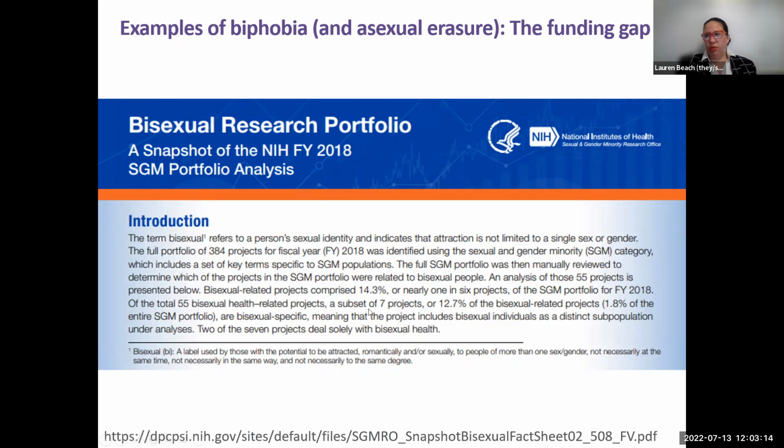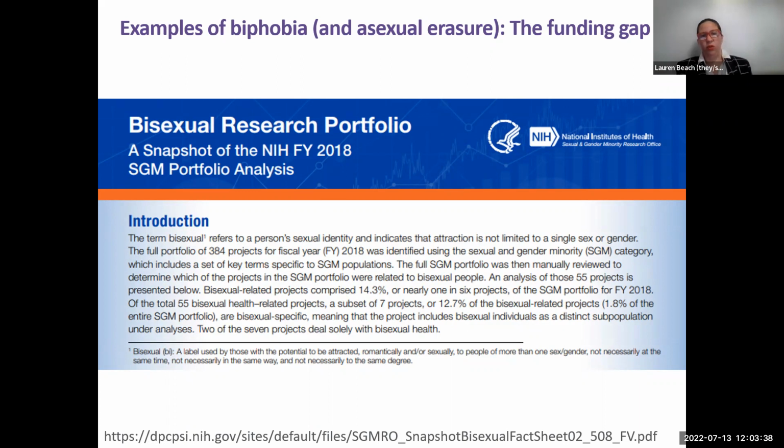And of those 7 projects, only 2 of them were focused really on bisexual health in particular. So like this is a project recruiting bisexual people, focusing on bisexual health within these populations, a dedicated bisexual health study. 2 out of 384 studies met that criteria. And so that's less than 1%.